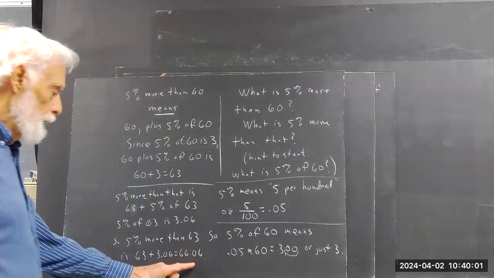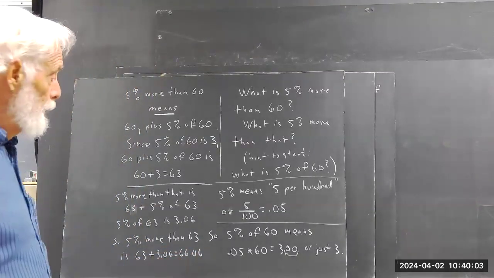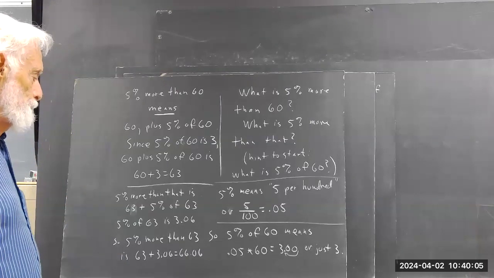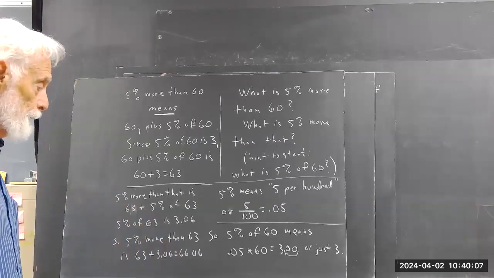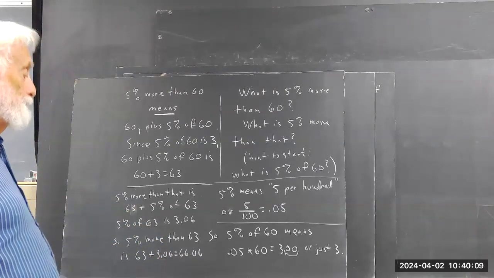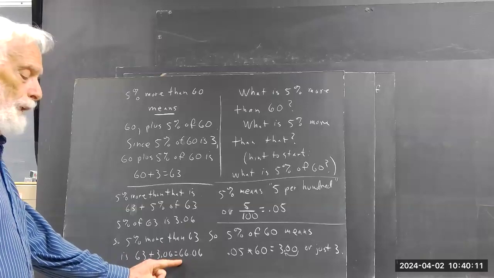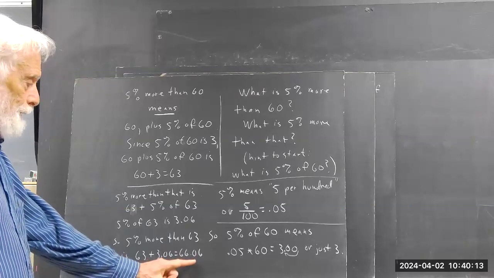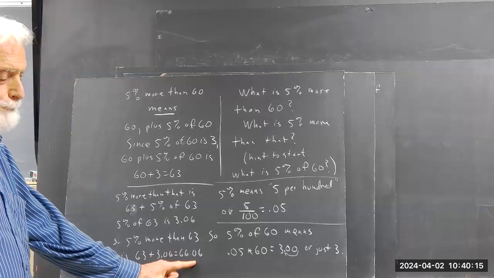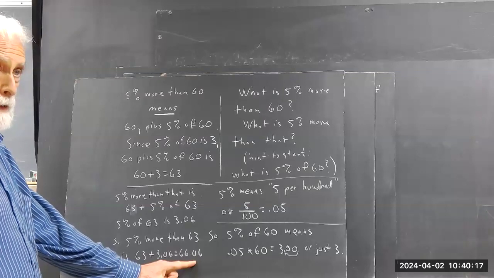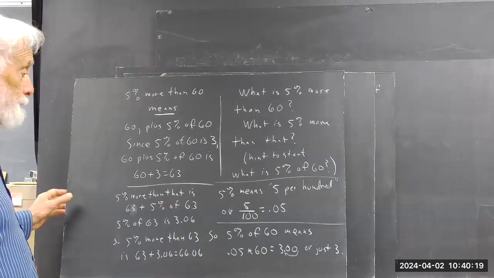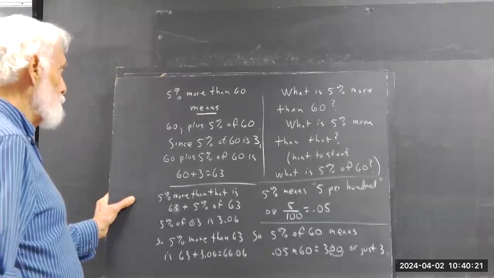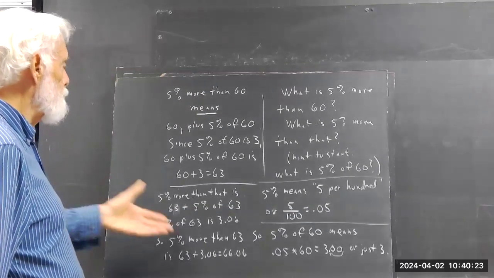That doesn't seem like a whole lot more than 66. It turns out if you keep this up long enough, this 0.06 is going to get bigger exponentially. And things are going to grow a lot faster. So let's calculate.